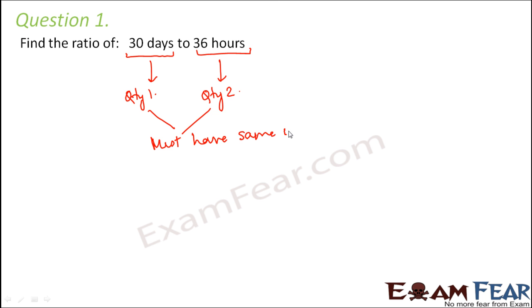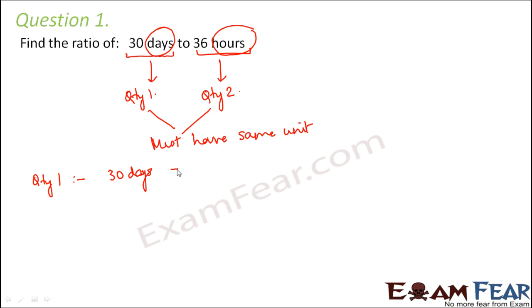In case of quantity 1, the unit is days. In case of quantity 2, the unit is hours. So we need to convert one of these into the other so that both of them are in the same unit. Quantity 1 is 30 days. Let us convert 30 days into hours.